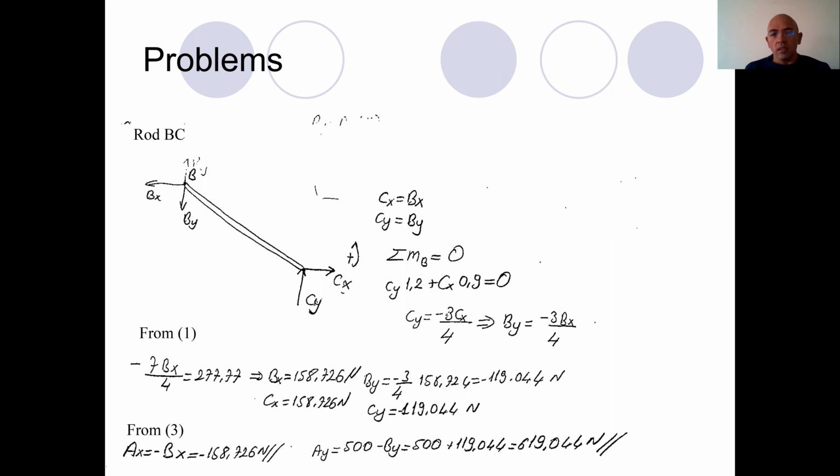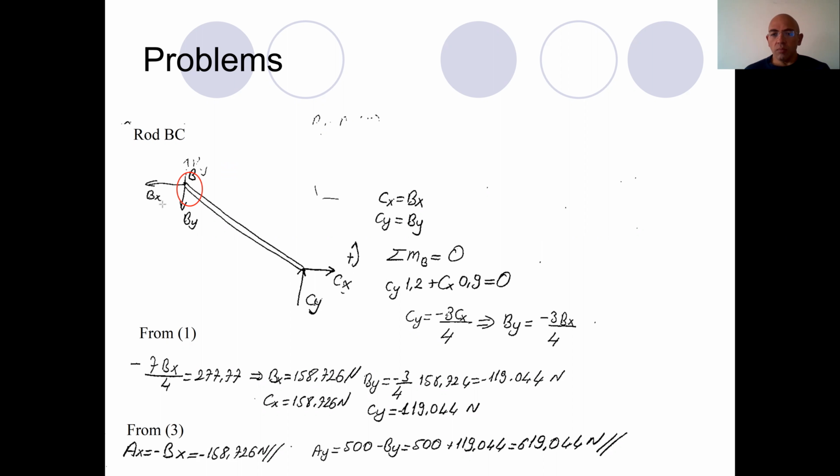Now let's analyze the forces acting on BC. Now at joint B, two rods are connected with a pin. So this basically means that the forces have to be equal in magnitude but opposite in direction.